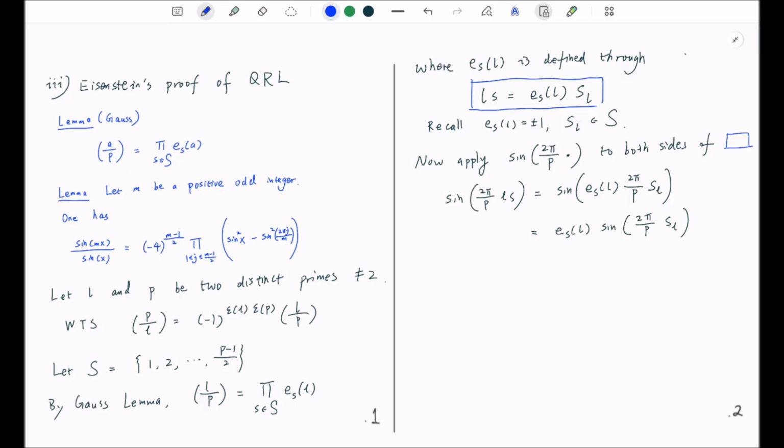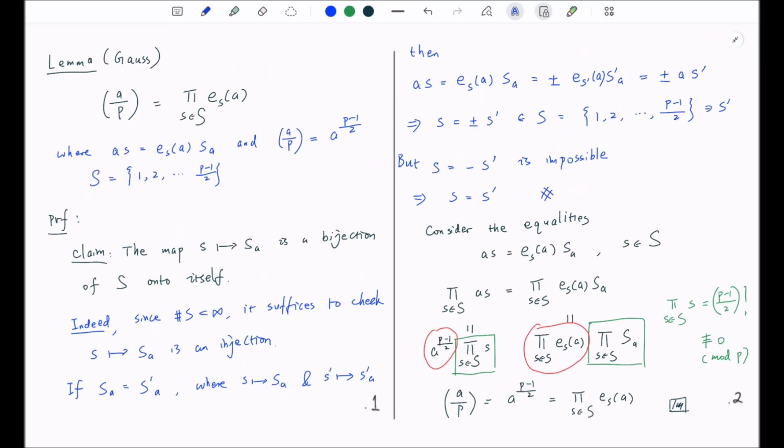And now let us recall a very important property about sl. Remember, in the proof of Gauss's lemma, we have shown that the map sending s to sa is a bijection of S onto itself.